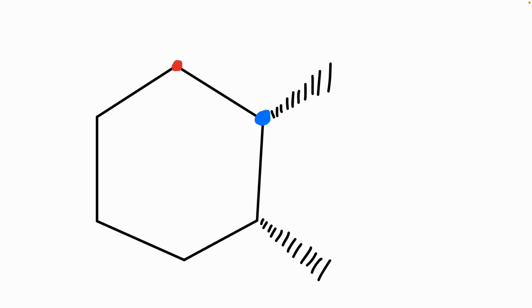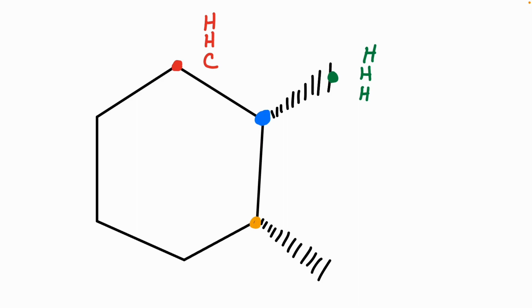So I got to assign my priority here. All three of these groups are carbons, so I got to list everything that they're bound to. My methyl group over here is just bound to 3 hydrogens. This carbon I colored in red is bound to 2 hydrogens and 1 other carbon.